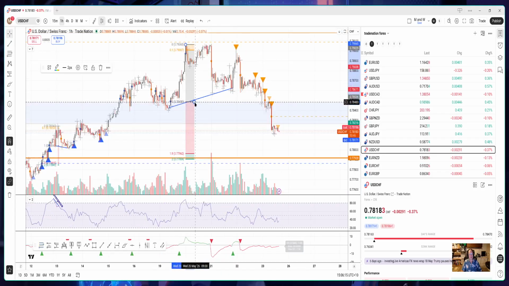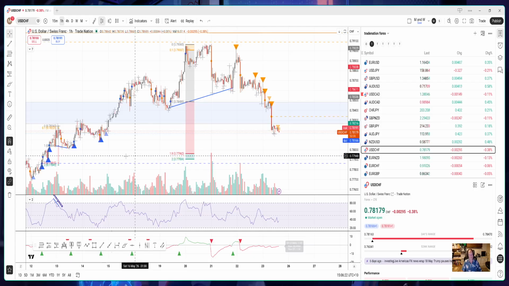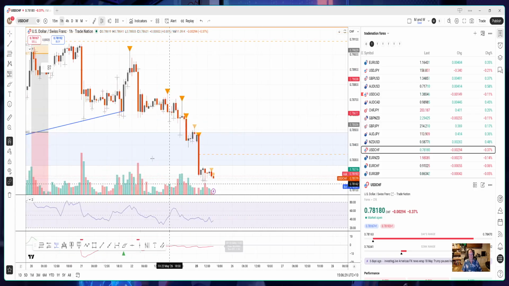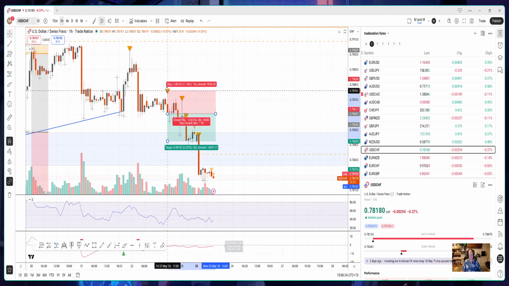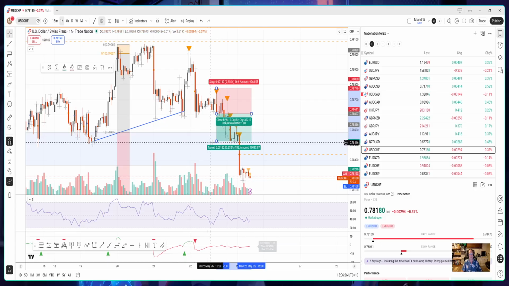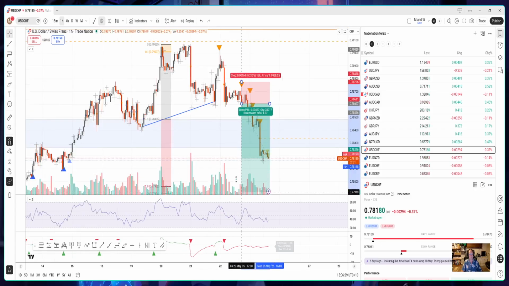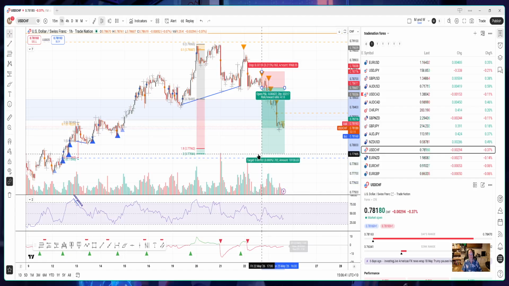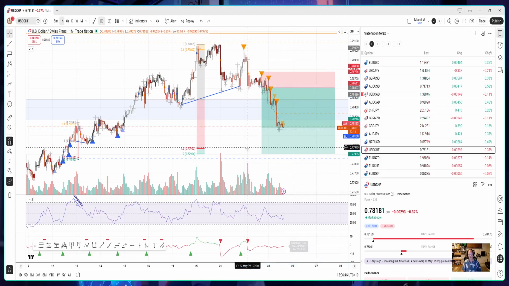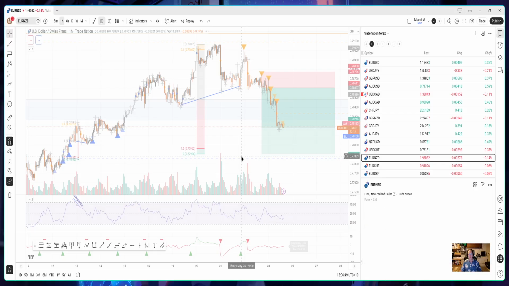Because it's such a sloping neckline, there's a previous line which suggests it's got a good chance of getting there, but we're already halfway there. So the system would have put us in here with the stop loss down there, and there's an inefficient candle there as well, which could have reached, but that one's already gone.